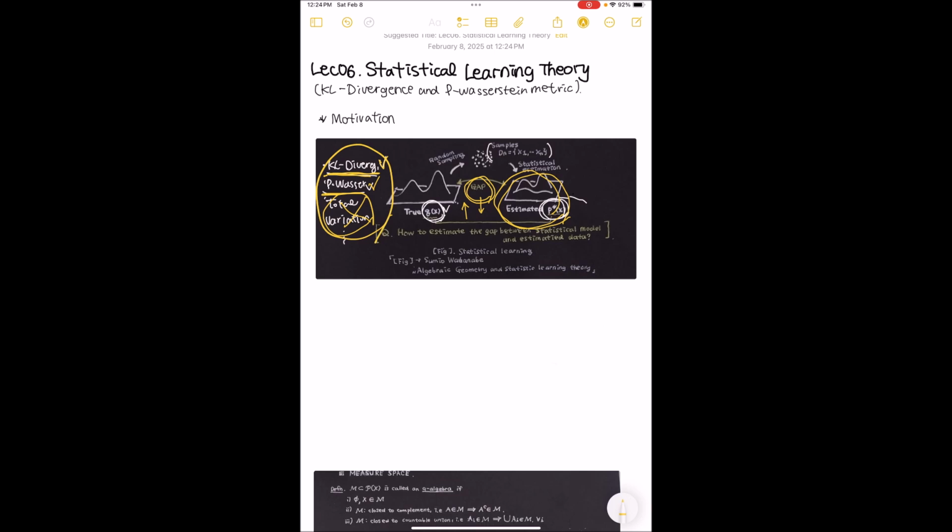Anyway, to understand these, measure or probability theory is essential. This lecture is not mainly about teaching measure theory and probability theory. If you want to learn this theory, see another textbook.